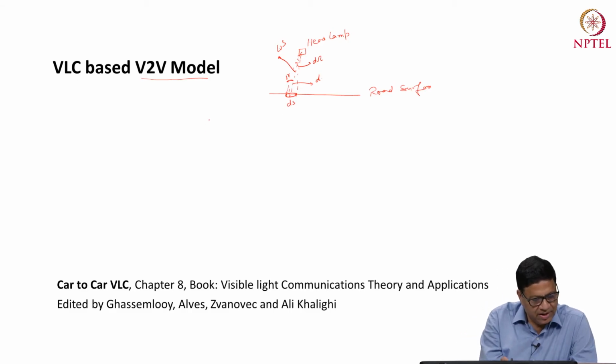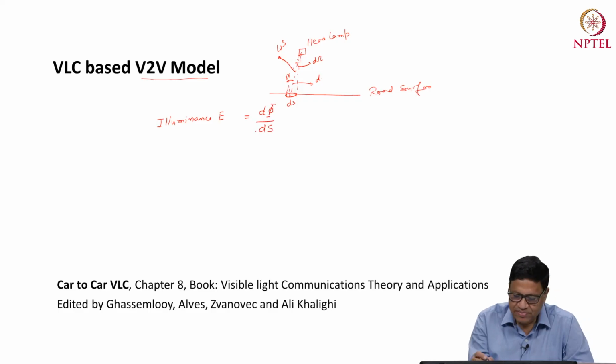So if I calculate illuminance E, this will be equal to d capital phi over dS, where phi is the luminous flux.